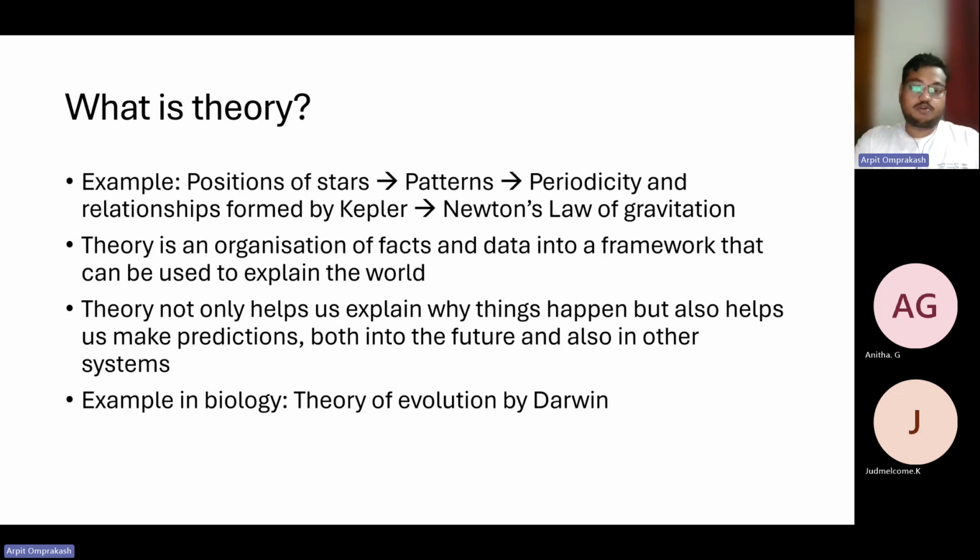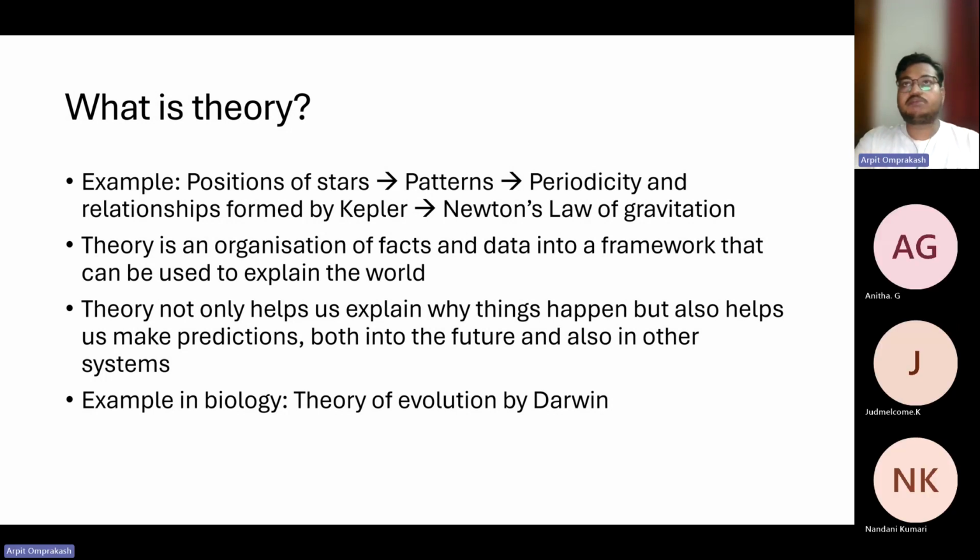Talking specifically about biology, an example of theory in biology is the theory of evolution by Charles Darwin. So what he did was, on his trip on the Beagle, he saw a lot of different animals and plants and taxa. And he tried to understand why things are how they are.